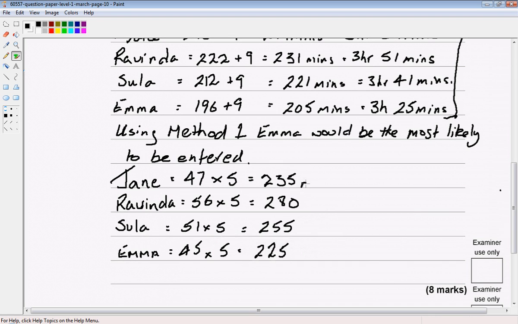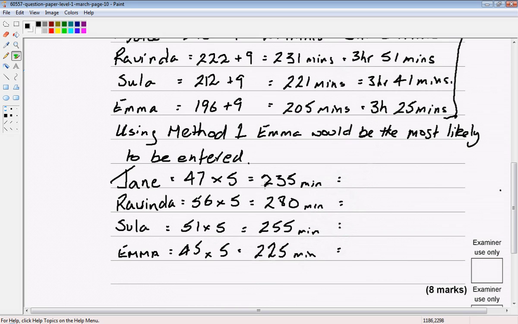Now these are all minutes, of course, so we just write in minutes. Now, as I said, I tend to change everything to hours and minutes because that's how we worked up here.